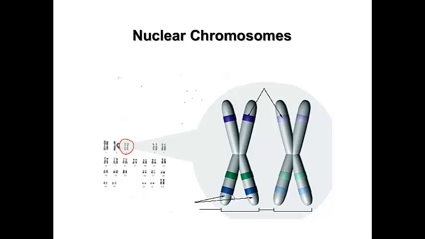Notice that the bands at the same locations are slightly different between the two homologous chromosomes. Their difference is in how they're shaded, because even though this purple banding is in the same location on this chromosome as it is on this chromosome, they have a different overall shade.